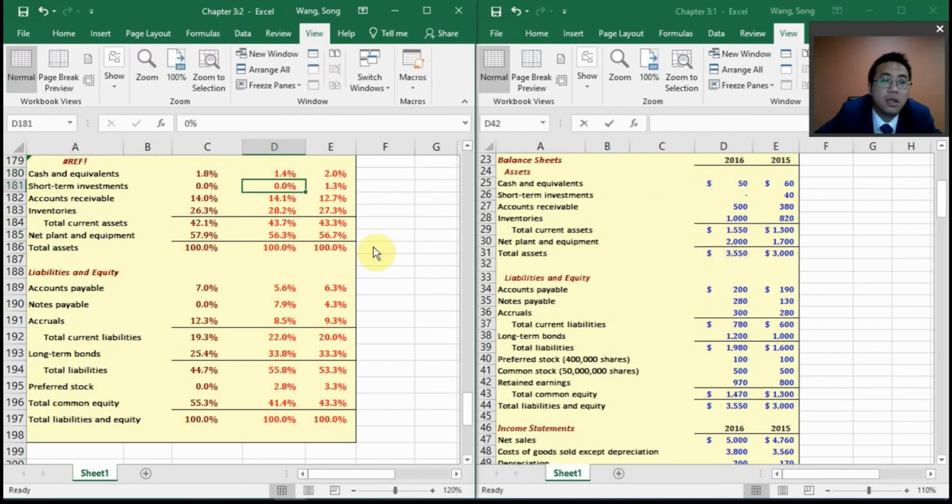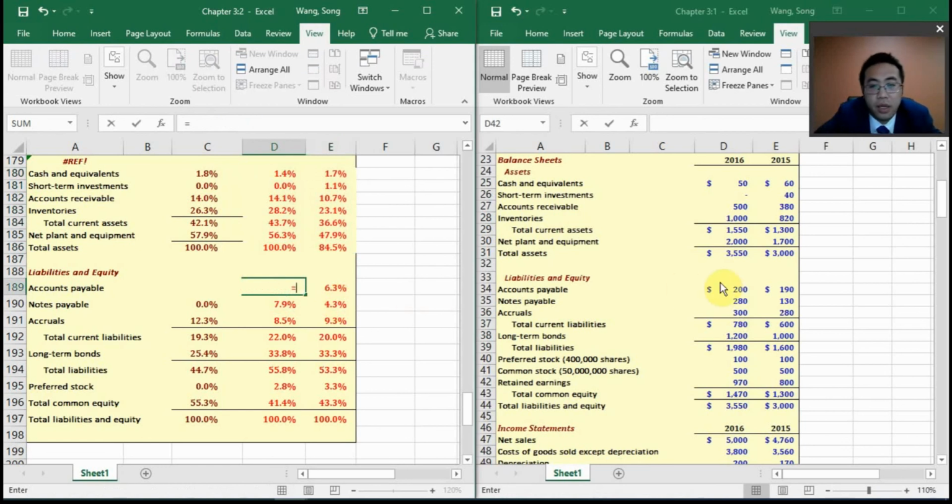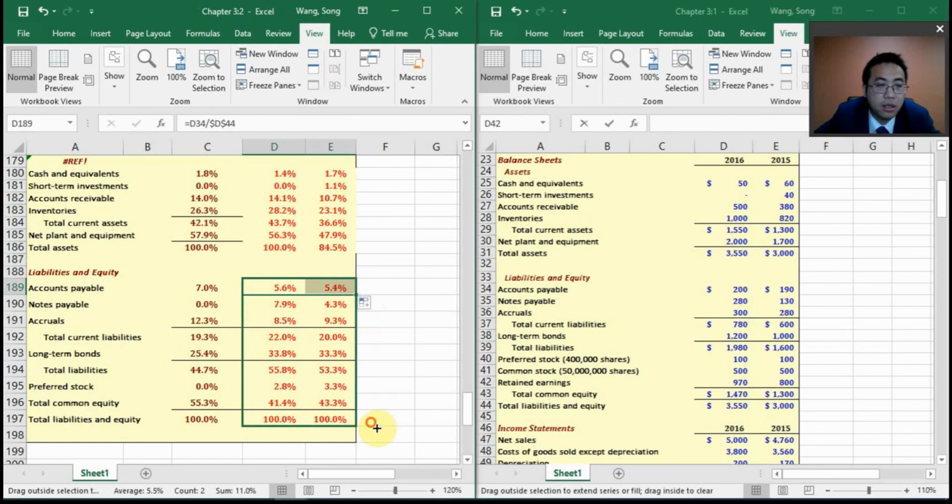All right, and then drag it to the right and then move it all the way down. And likewise for the liabilities and equity, I will use each item divided by the total and make sure the denominator is locked. Drag it all the way down.